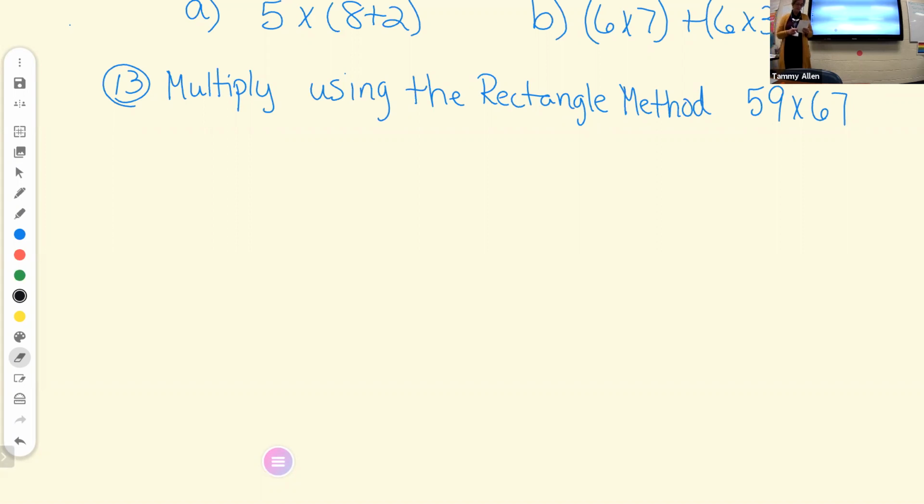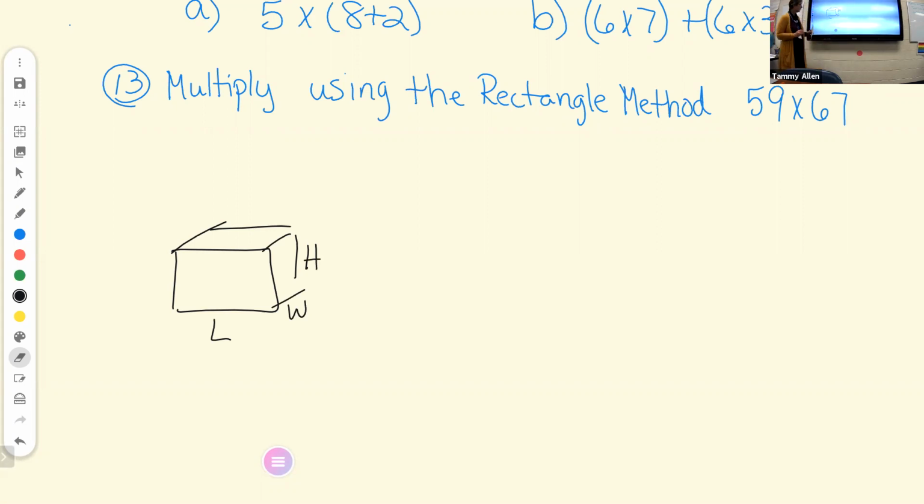Then number 4, the volume of that solid. If we're looking at a 3-dimensional figure, we have a length, a width, and a height.